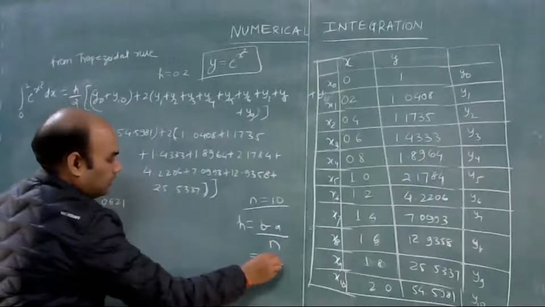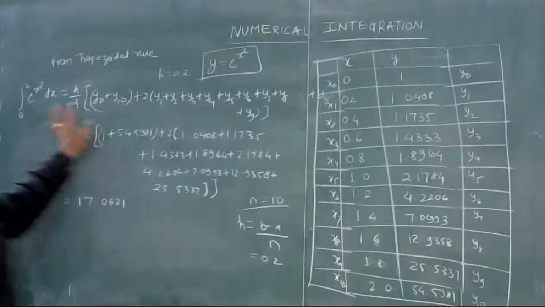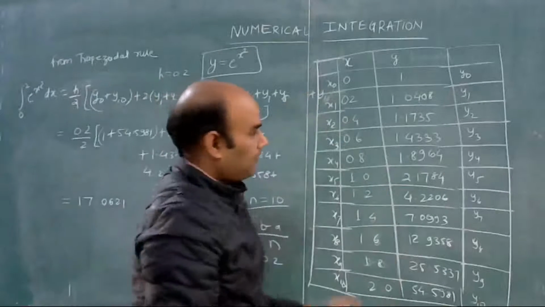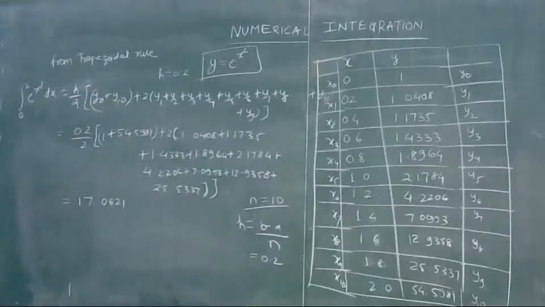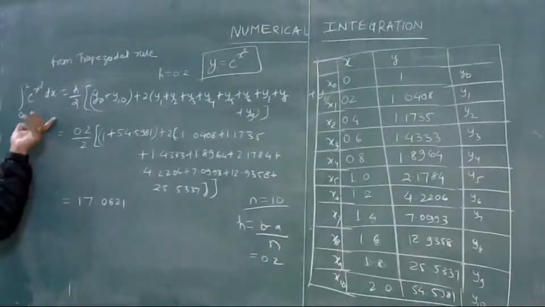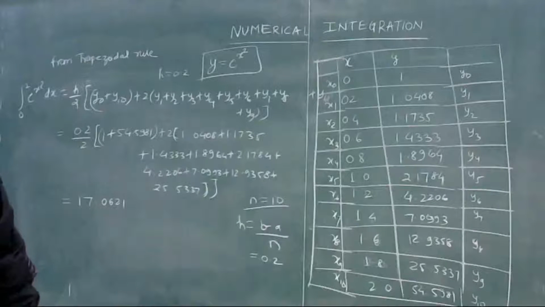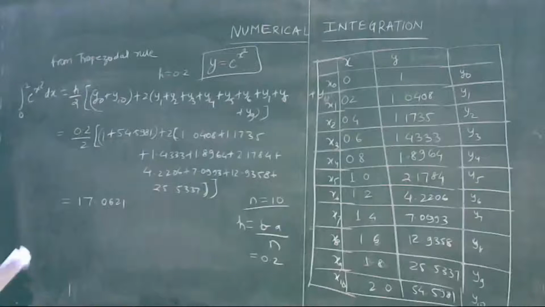So this is how you have to calculate the value of h. Once you get all the values of y, substitute in this equation, and you can find the value of this integration. And this is an approximate value. Since we are using numerical integration, we get this approximate value.